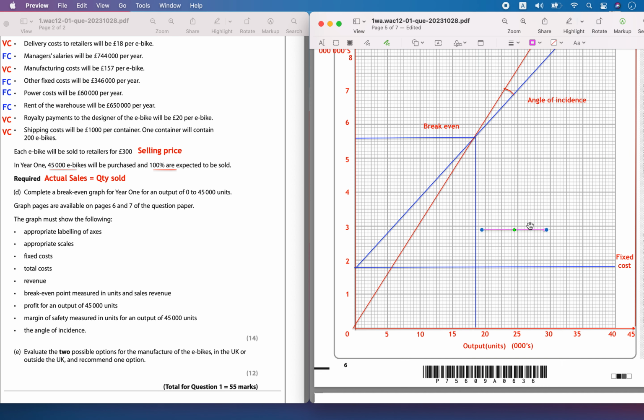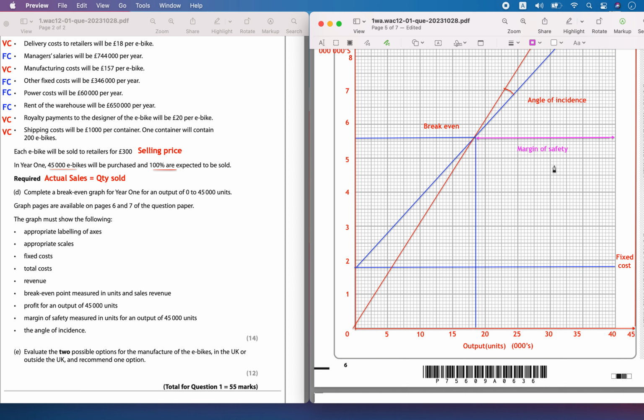So let's write it here on both sides. So this represents the margin of safety.